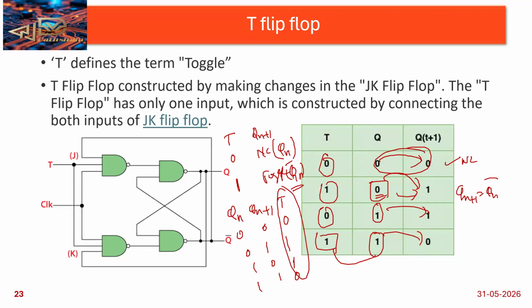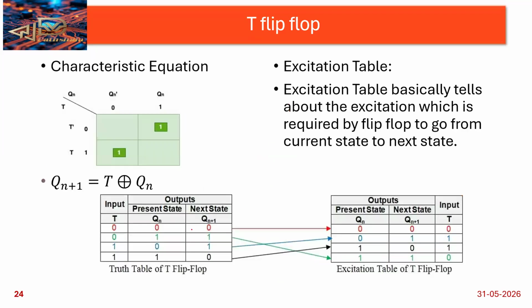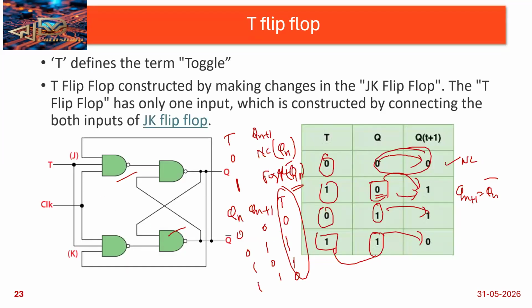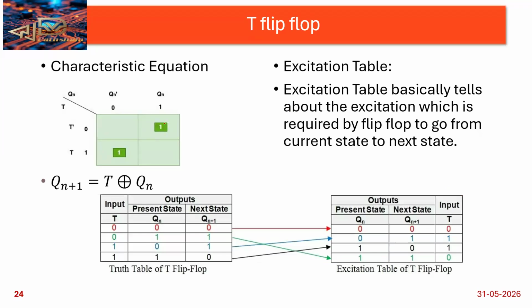So apply these values here and then check the outputs, whether you are getting the outputs the same or not. Same thing for the T flip flop, where we are getting ones here: the 0th, first case, and then second. So 1 and 2, I'm getting ones, so this is 0, 1, 2, and 3.